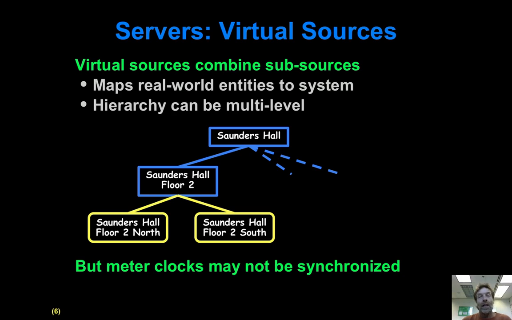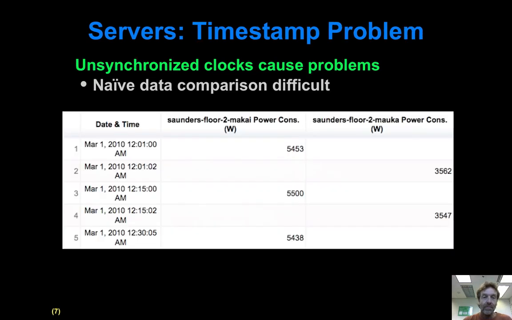Okay, so that's a very common hierarchical organization of the data, which is very useful for understanding what's going on. The problem is that the clocks on those meters generally aren't exactly synchronized, and/or you're not collecting data from each of those meters at exactly the same point in time, leading to this problem that your data isn't really aligned exactly.